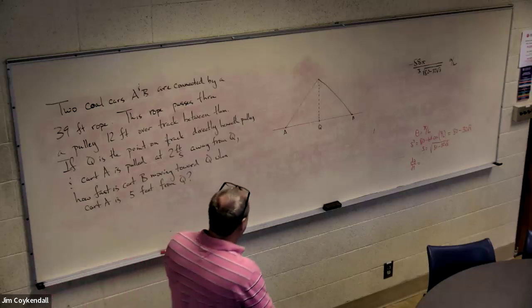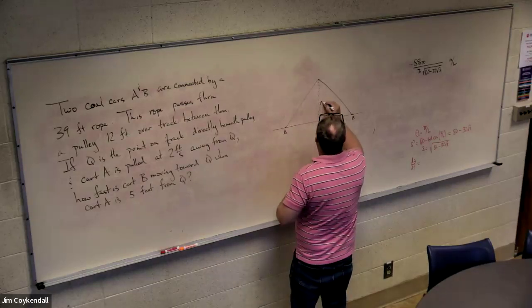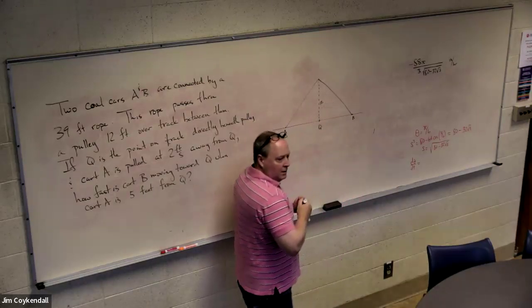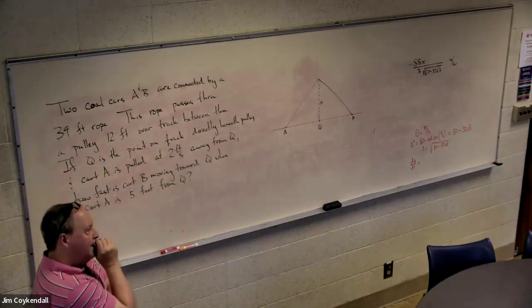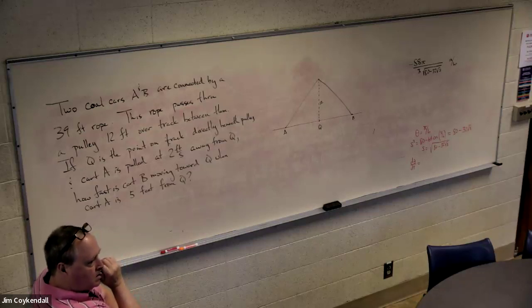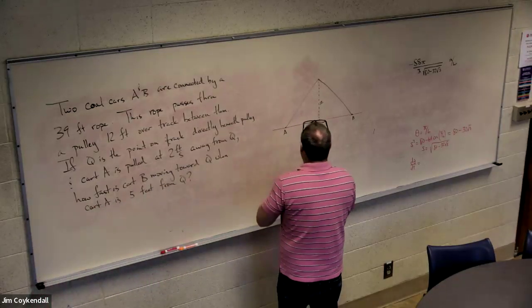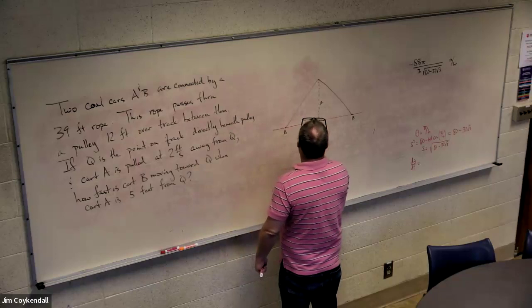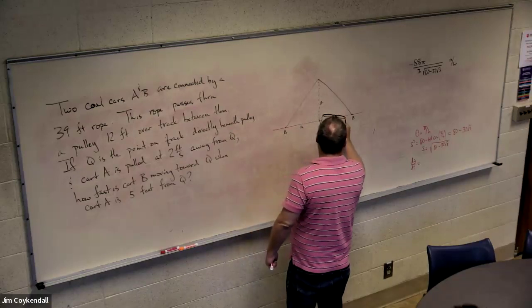Okay, right. This dotted line is always 12. No changing that. Correct? What else? I'm going to call this distance from A to Q little a, and this little b.